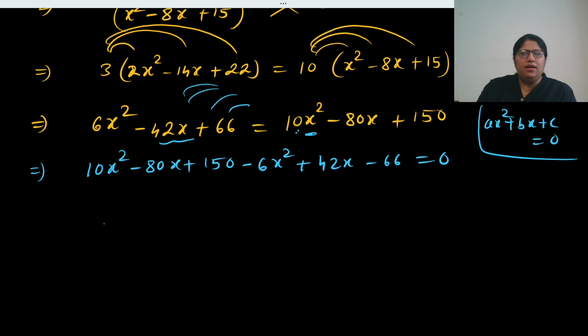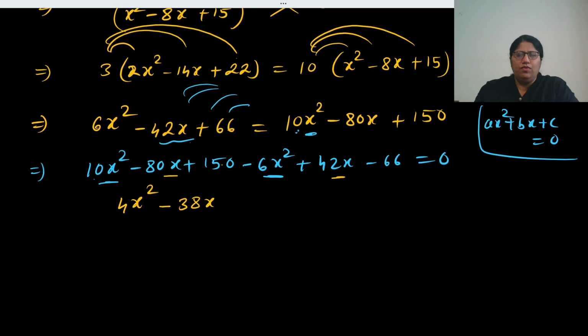So let us see what is there. 10x square minus 6x square will become 4x square, then minus 80 plus 42x, right? So how much? There will be a negative value. It will be 38x because 80 is negative. You will carry forward the negative sign, right?